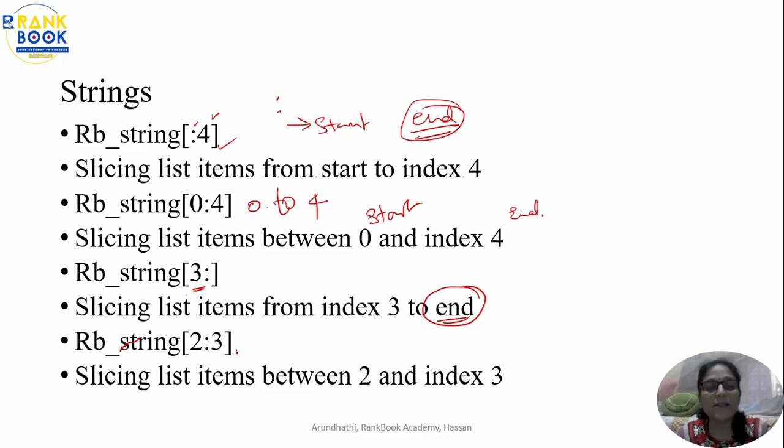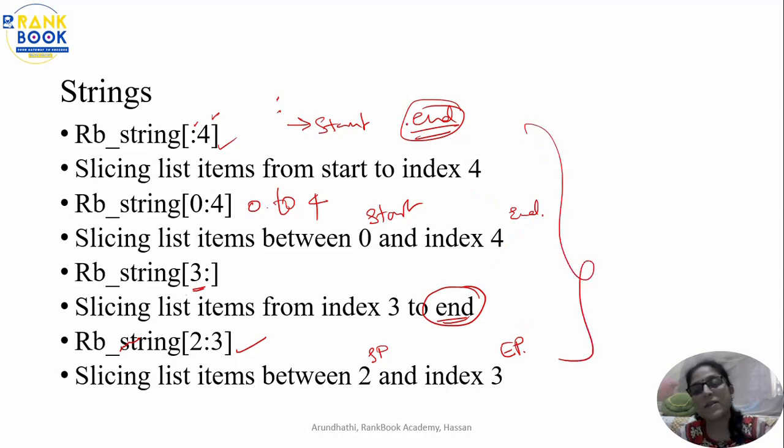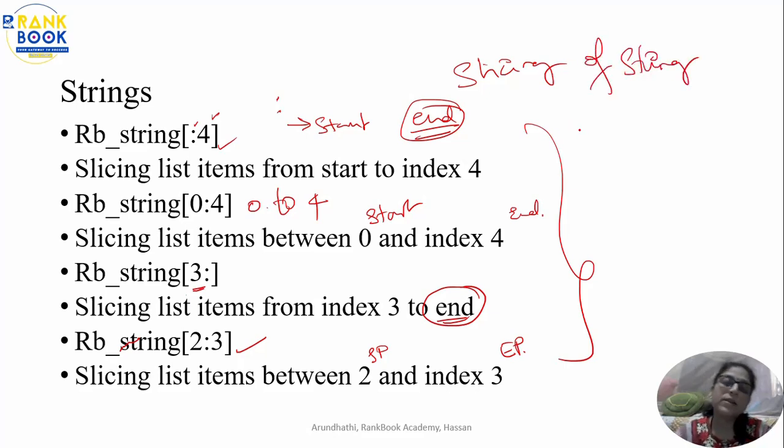And in the last example we can observe both the initial and final, that means starting point as well as ending point. So this is the slicing of strings with particular starting and ending points.